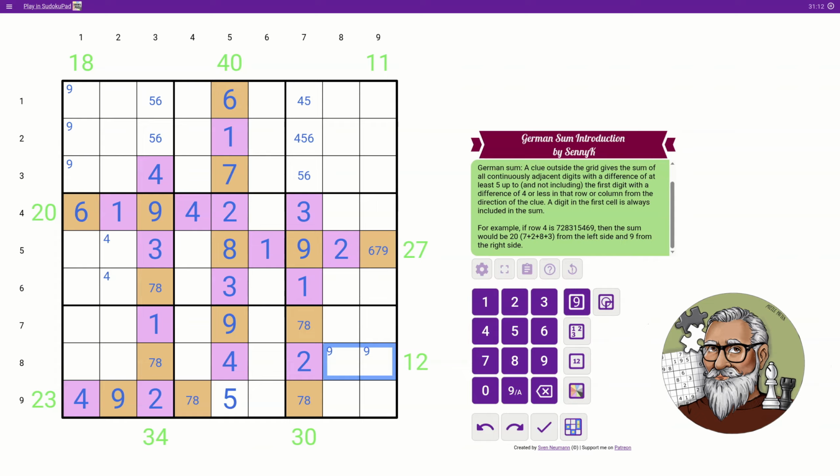Okay, that doesn't help. Did the 18 change because this one is a 6? If those are 4, then it's a high digit and a high digit. This would have to be a 9 because we need a 9. 9 plus 6 is 15, leaves me with 3, which is 1 and 2. Looks to be okay.